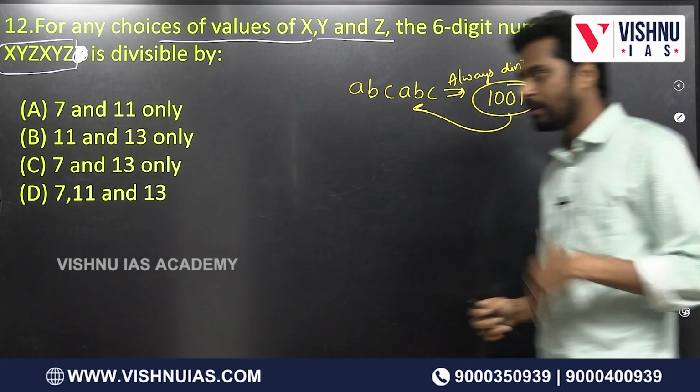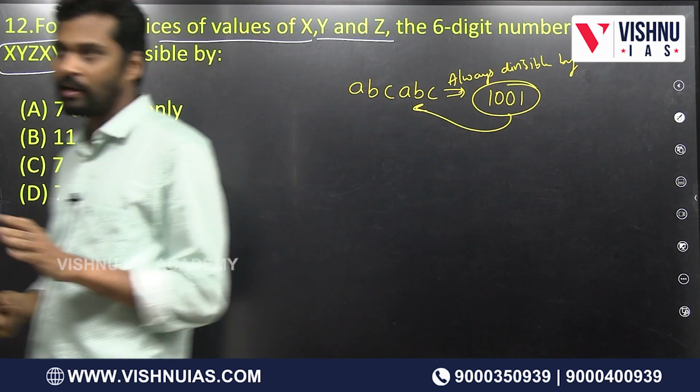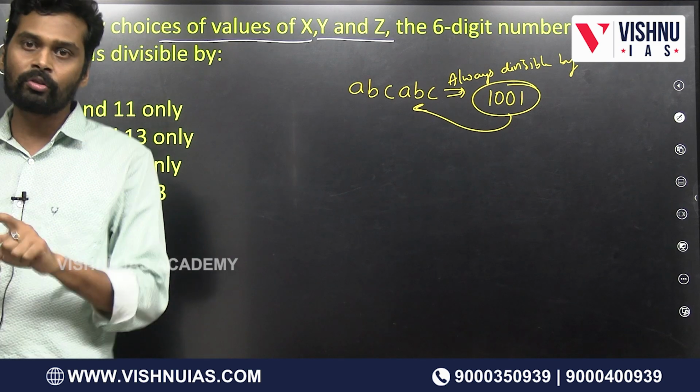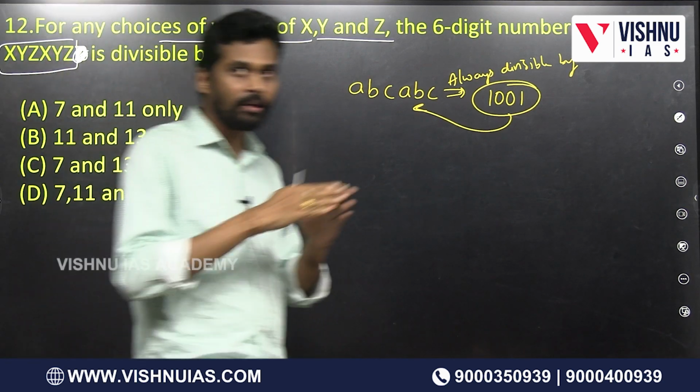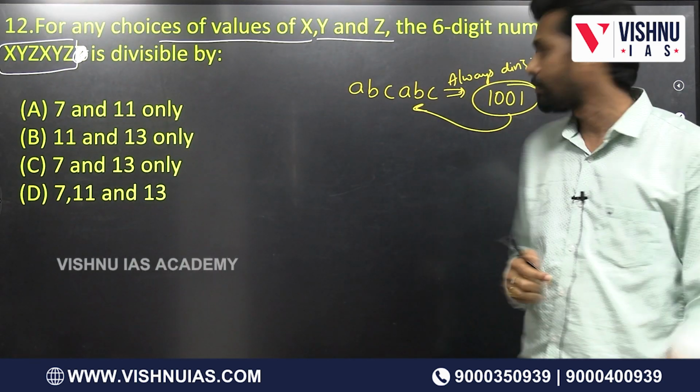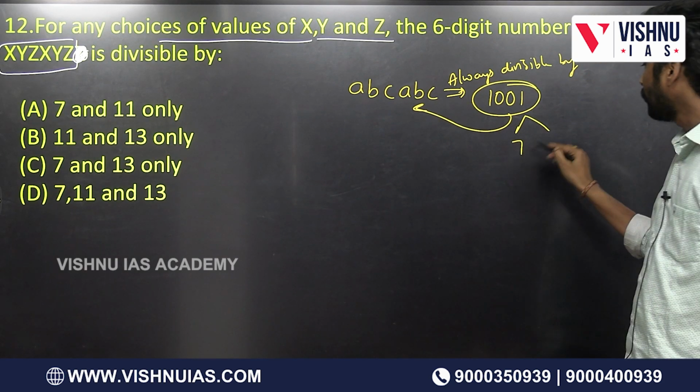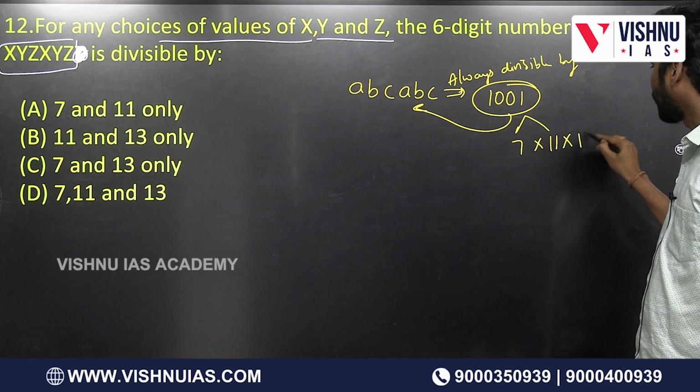I told you in the beginning classes that 1001 and 1729 are among the most important numbers. When you see those numbers, immediately break them into a product of primes. 1001 can be written as 7 into 11 into 13.